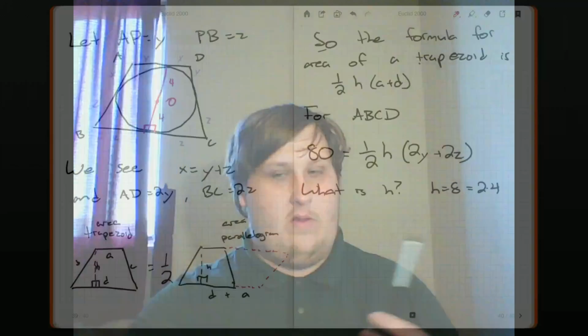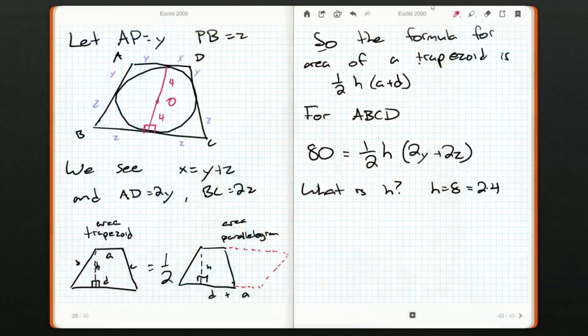But we can easily see that 2 copies of the radii, the diameter of our circle, is going to actually be the height that we need. And so this height here is going to be 2 times the radius 4, so it's going to be 8. So that means that 80 is 1/2 times 8 times 2, and what we can do is factor out the y plus z, so times 2 times (y plus z).